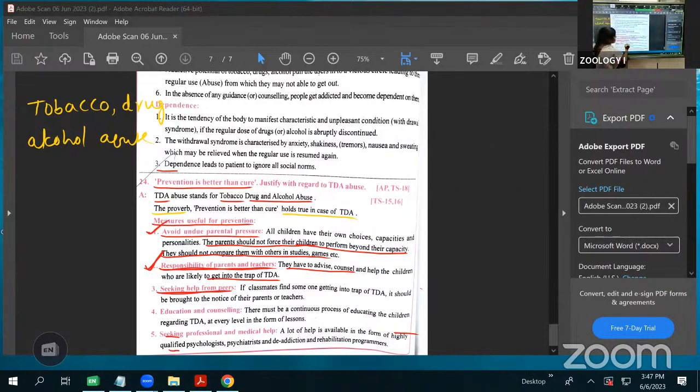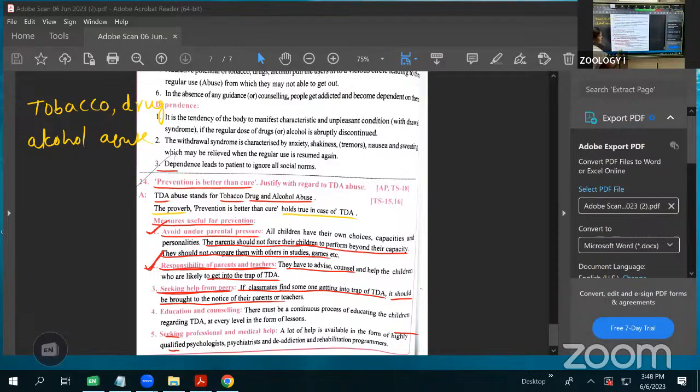If classmates or friends find someone getting trapped in TDA, it should be brought to the notice of their parents and teachers. They have to inform the teachers and the parents. This one is about seeking help from the peers.